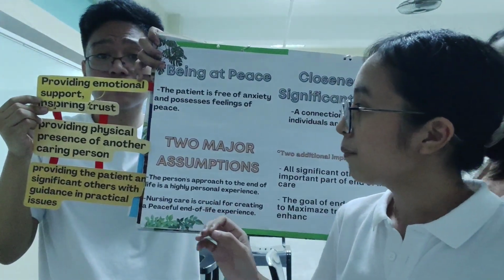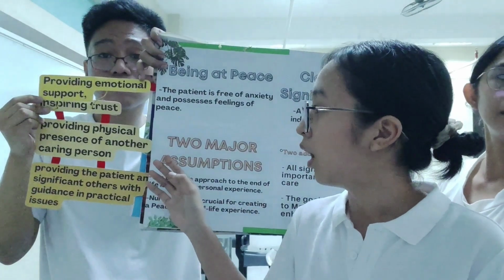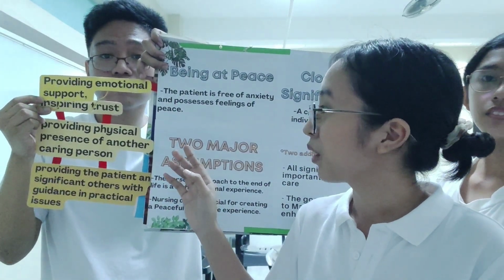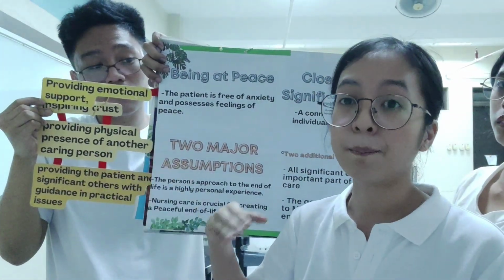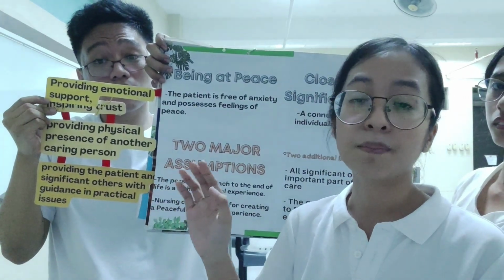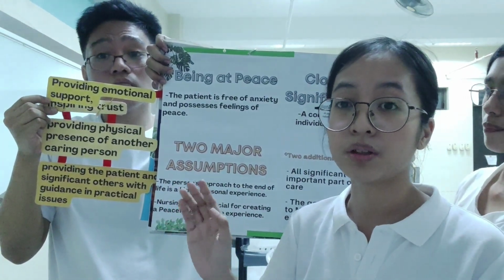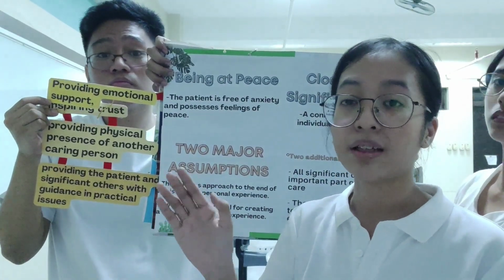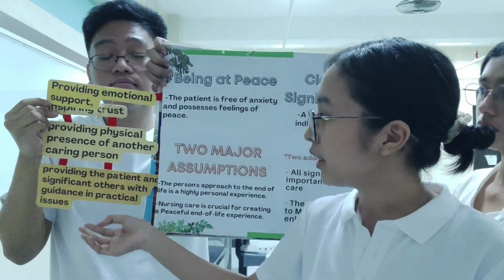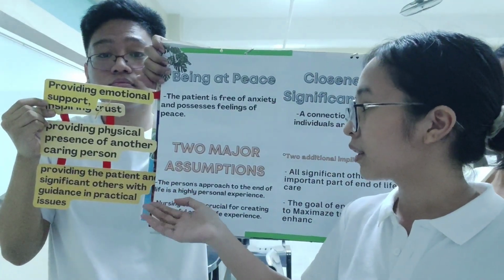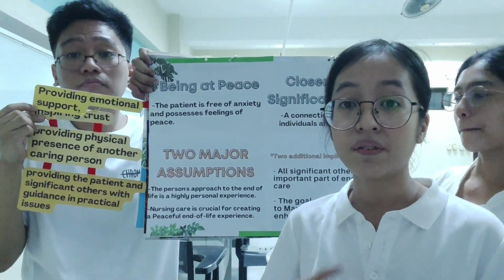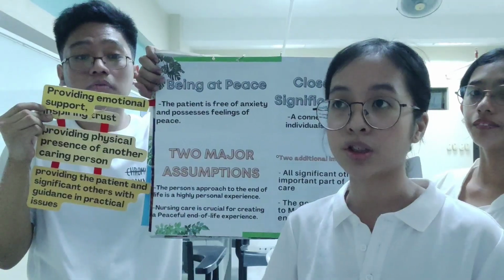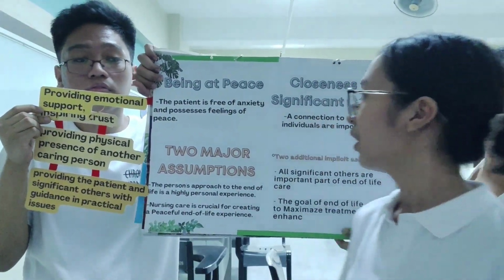Additionally, if our patients feel the need to be with another caring person, we should provide that, because there are some patients kasi that want to be with their loved ones at the end of their journey. Additionally, we provide patients and significant others with guidance on practical issues. So we nurses can also give guidance in practical issues such as money and time.